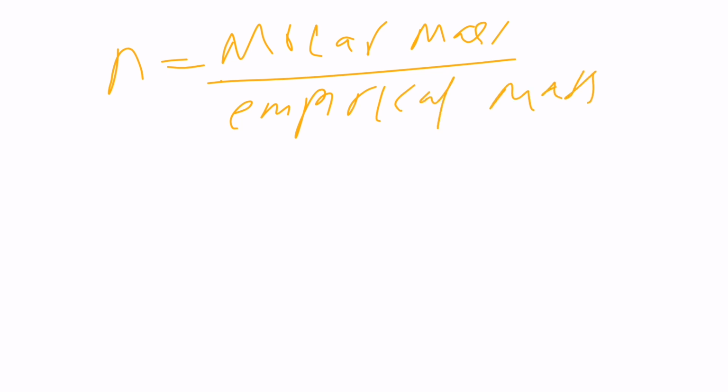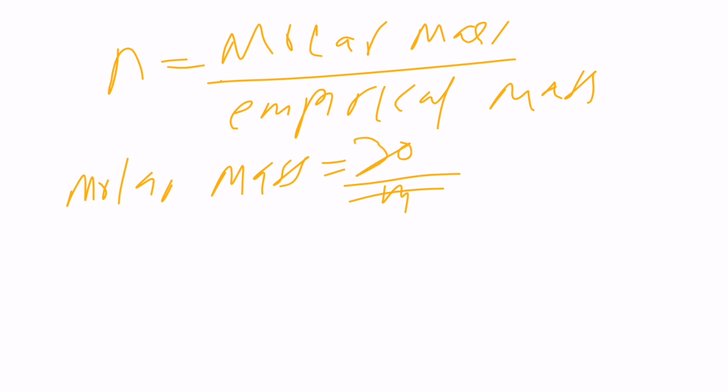Where do we get the molar mass? They usually give you the molar mass in the question. So when you start answering, just go to the question and find the molar mass. If it's 30, they will give you 30.